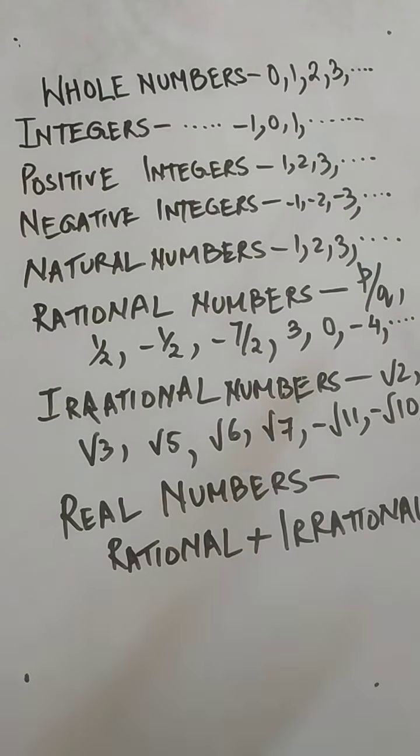So let's see how these are positioned. Where do these numbers lie? How do they lie with respect to each other? So let's move on. Now let us represent the space in which the numbers lie by circles.